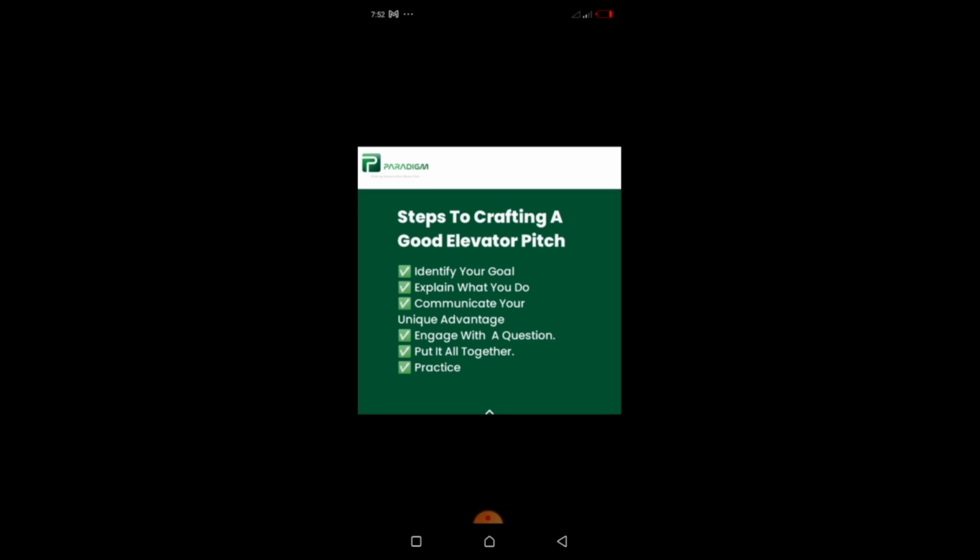It could even be in the way you solve a problem. It could be in a kind of knowledge or expertise that you have that others do not have. So you must have identified this prior to you crafting your elevator pitch. Then after you've talked about what you do, the ideal thing is for you to communicate your unique advantage.